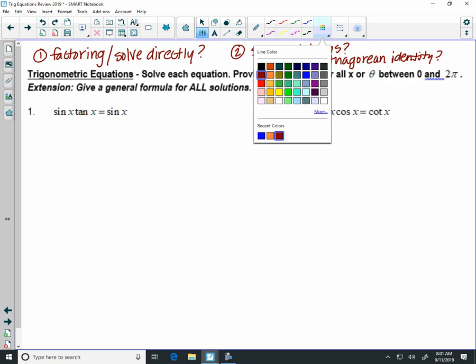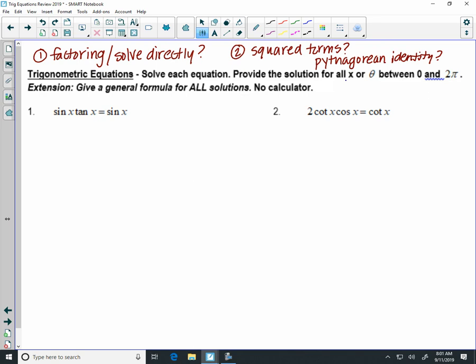Number 1 in this section, I see sine tangent equals sine. It's really tempting to divide by sine, but if you do that, you lose a solution. Instead, I'm going to subtract sine over. Now, sine is not a like term with sine tangent.